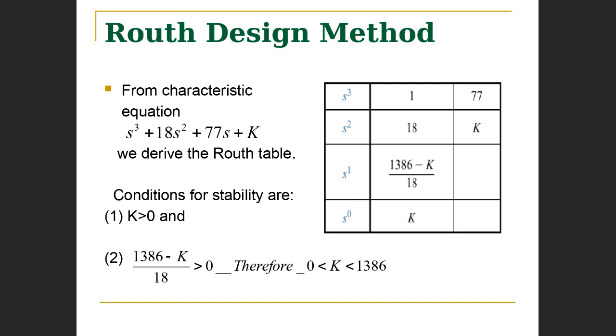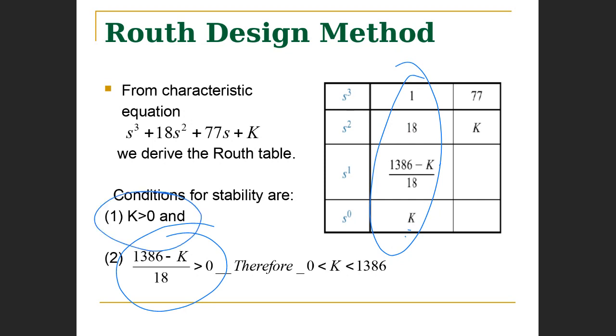Now for the system to be stable, what did we say about the first column? Positive, which means that this element here, which has a variable in it, must be greater than 0. It's the same thing as meaning positive. Yes, it must be greater than 0. And it also means K here must be greater than 0. Two conditions.